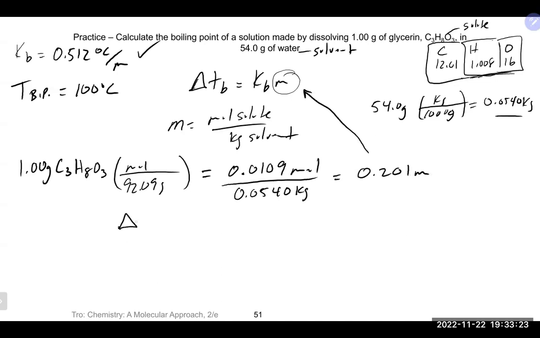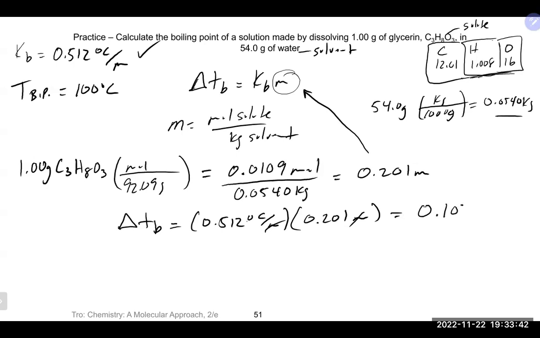So putting that into our equation, we end up with 0.512, which is our constant for water, times our 0.201 molality. The units cancel, and that gives us 0.103, we'll call it degrees Celsius.